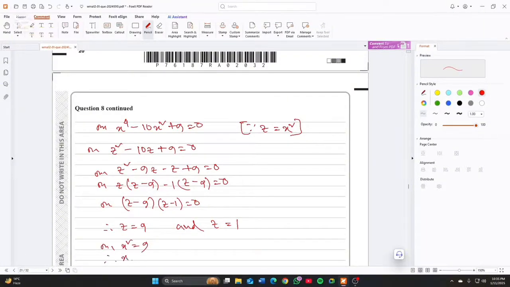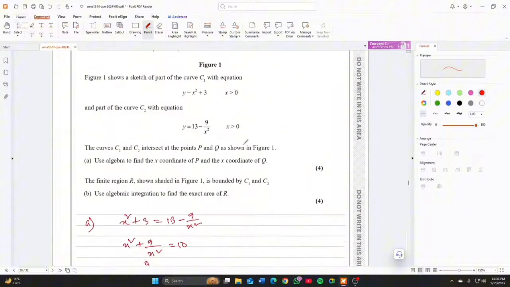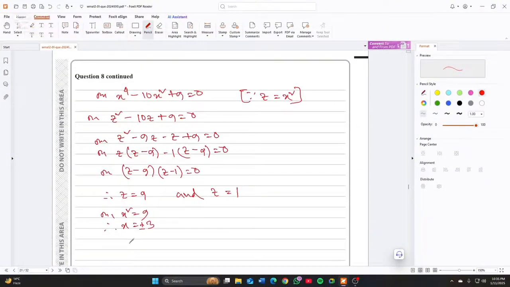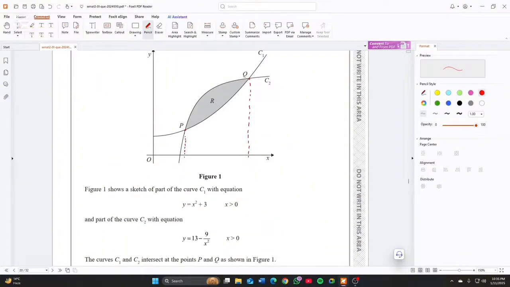Therefore x equals 3, plus minus 3 actually, but since the graph is on the positive side of the x-axis, we can just write that it is equal to only positive 3. Here x squared equal to 1, therefore x equal to positive 1. That means the x coordinate for P is 1 and the x coordinate for Q is 3.